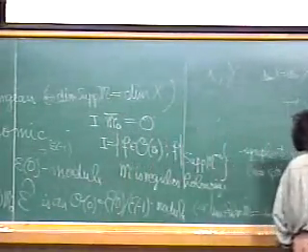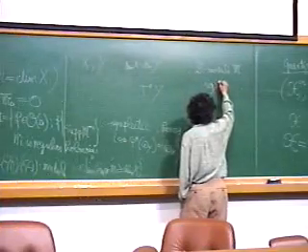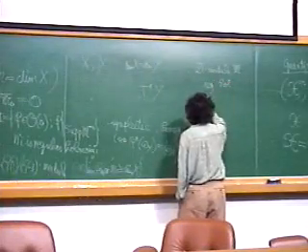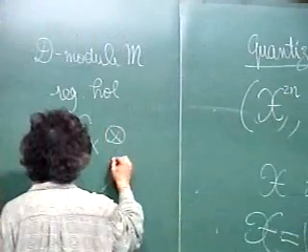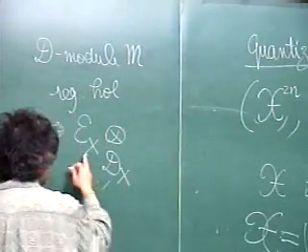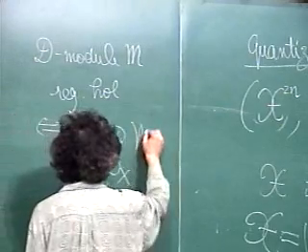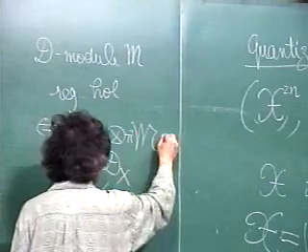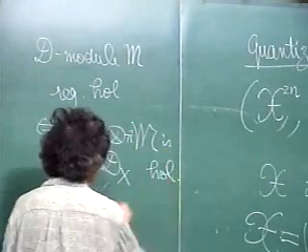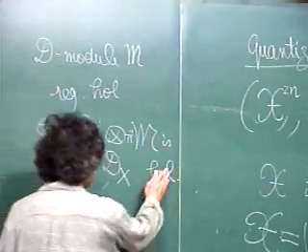So a D module is regular holonomic means just you consider EX, and EX contains DX, so you can say D, or more precisely pi inverse is holonomic, a regular holonomic.